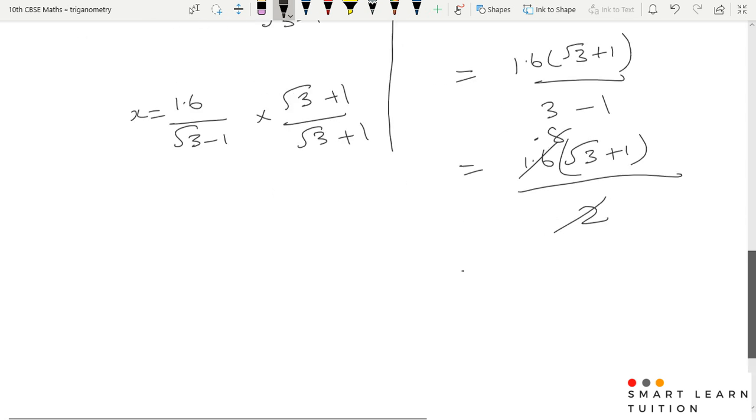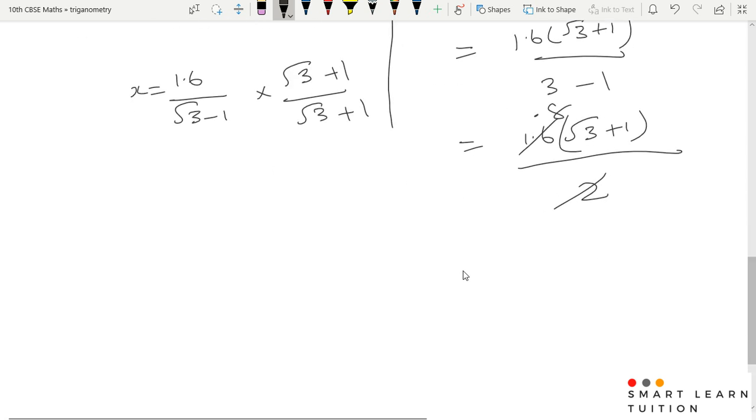Therefore the height of the pedestal equals 0.8 into root 3 plus 1 meter. This is the answer. For the next sum, watch the next video. Thank you.